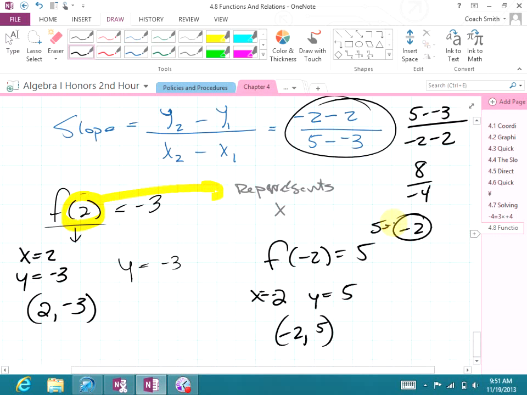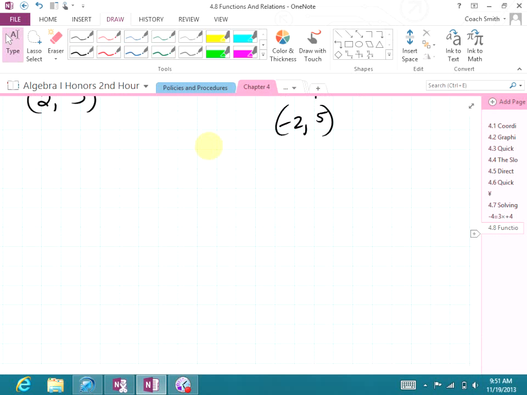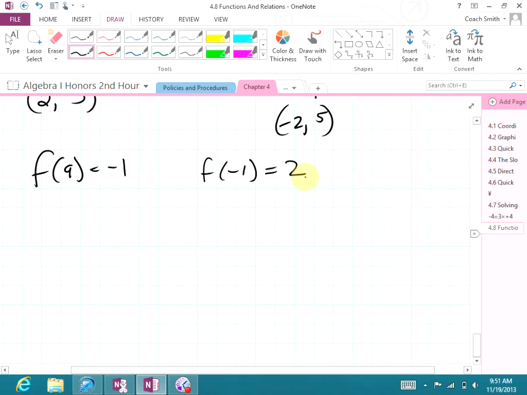Now let's look at another one like that real quick. Let's say this: f of 9 equal negative 1, and f of negative 1 equal 2. This is the x value, so that's 9.